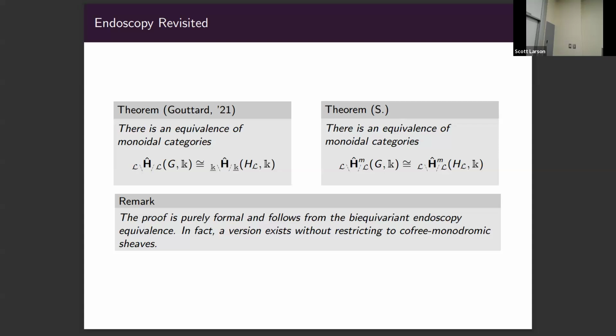The key objects that one cares about are these free monodromic, co-free monodromic tilting sheaves. And we can do the same thing, but ours never has to actually mention co-free monodromic tilting. It follows purely from the bi-equivariant one. So it's very formal, but it comes for free, and it's nice to have for free.